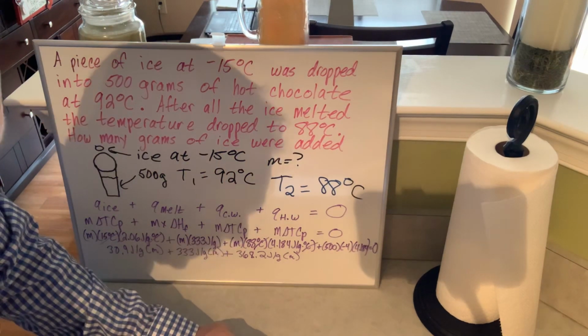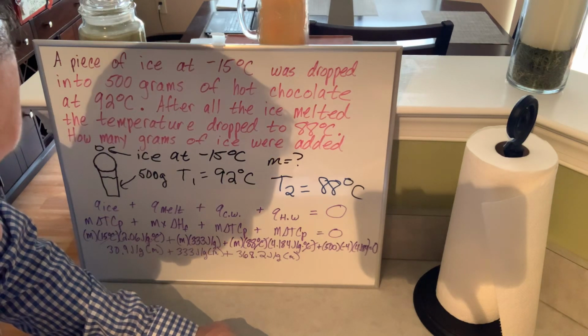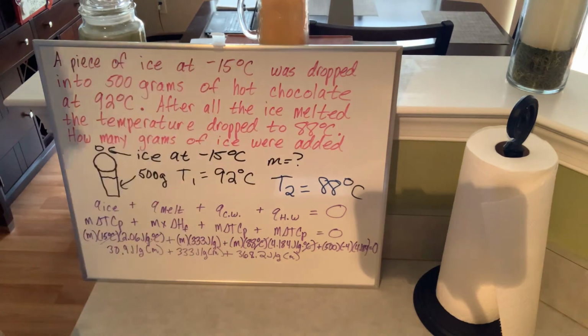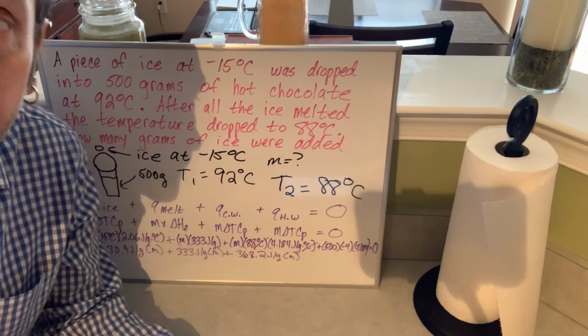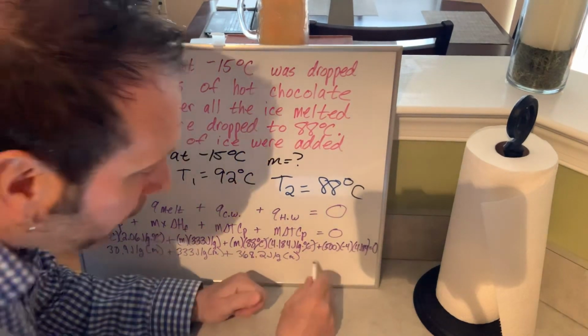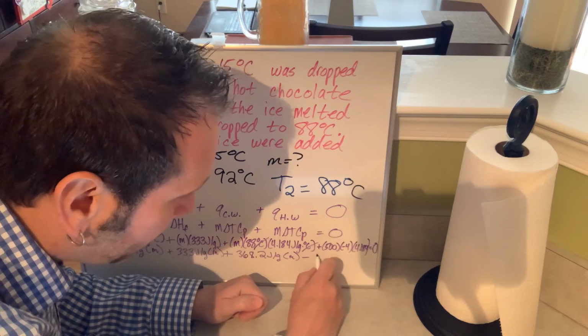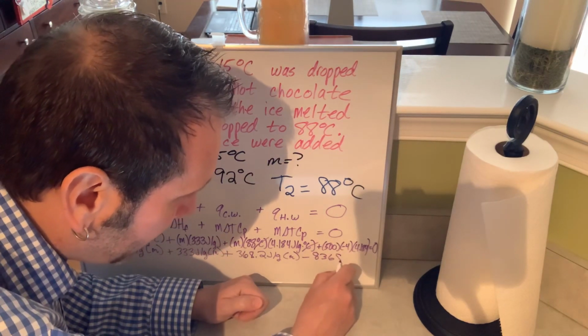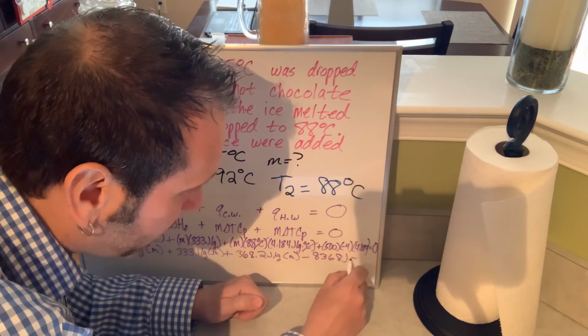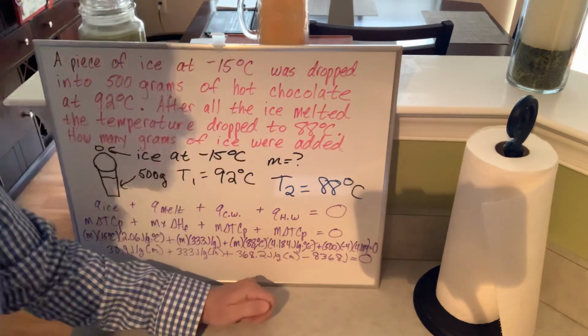So -2,000 times 4.184 is going to give me -8368. But I think you should all know now that plus negative is just minus, and it'll be 8368, and we'll call it joules, and it's going to add up to 0.